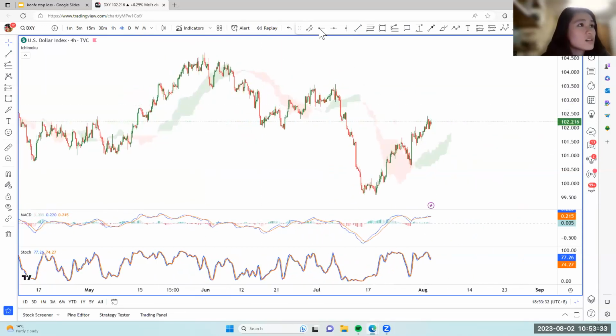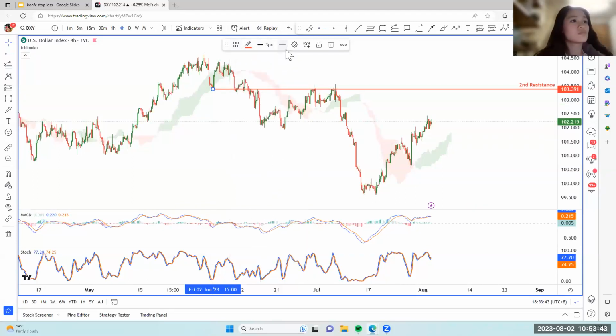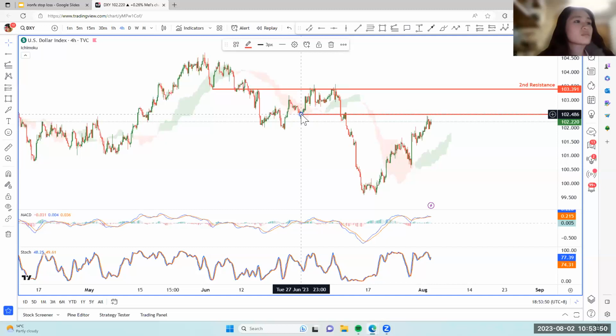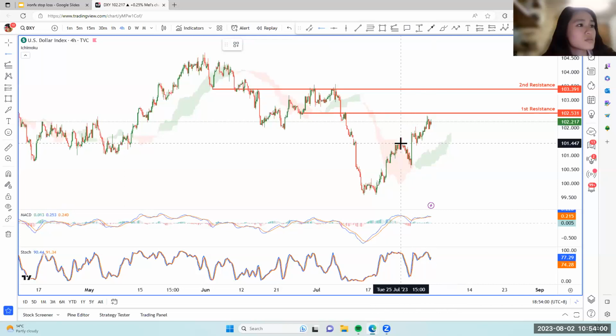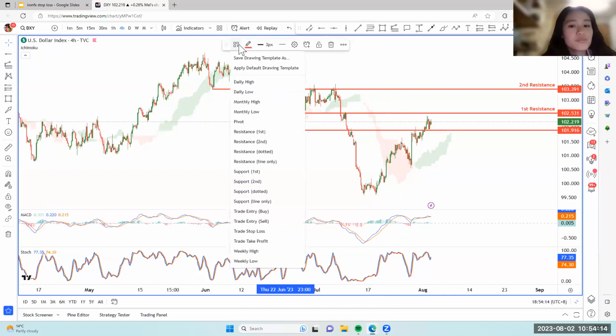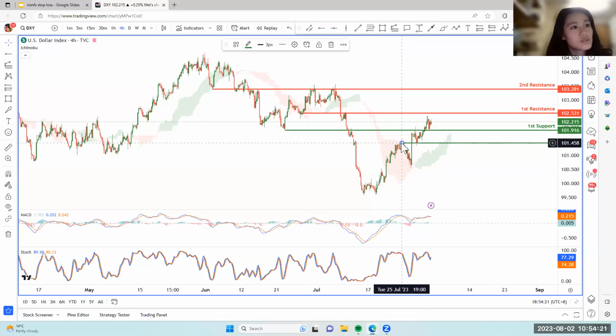So let's just go ahead and add some support and resistance levels. Here is my first support, and my second support here.